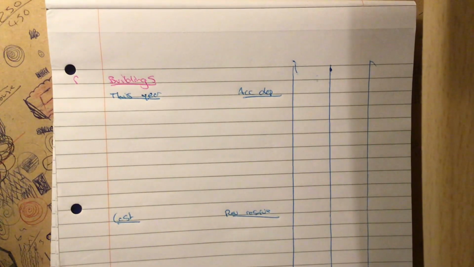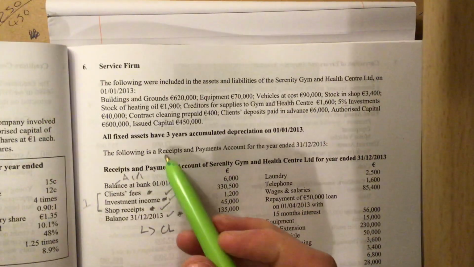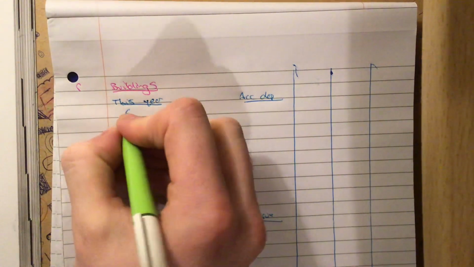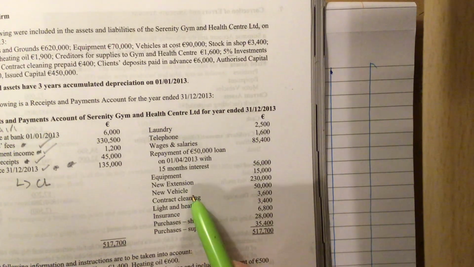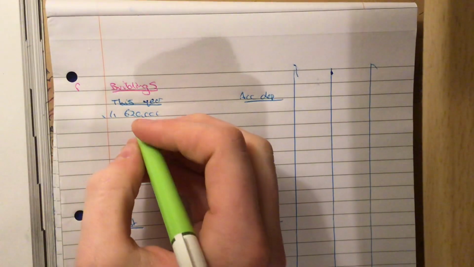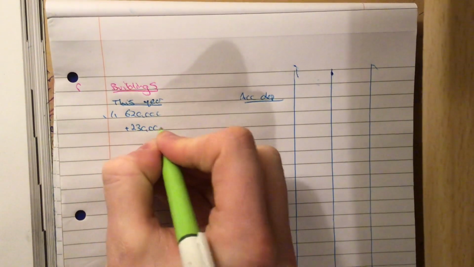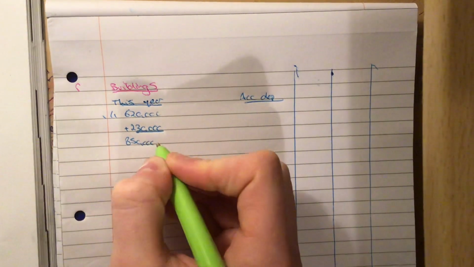First things first, we'll get our depreciation charge for this year, and we'll do the accumulated afterwards. We had buildings and grounds, 620,000 euros, on the 1st of the 1st. Did we buy anything? By God, we did. We bought a new extension for 230,000. Plus 230 equals 850,000.